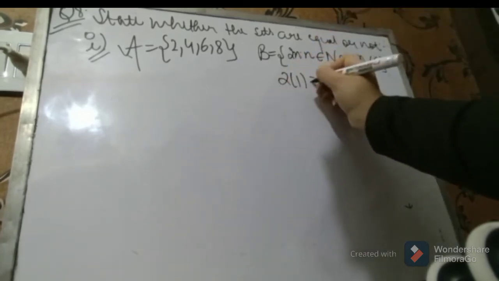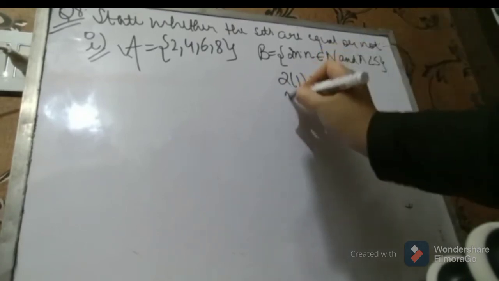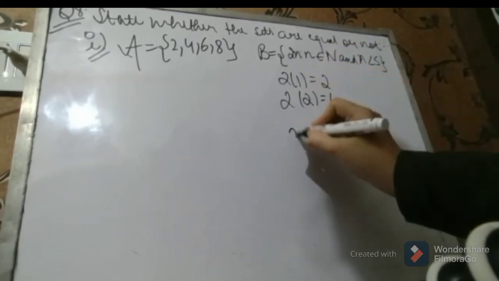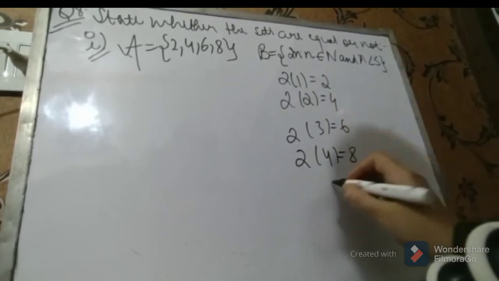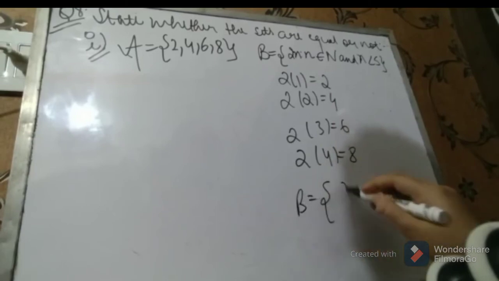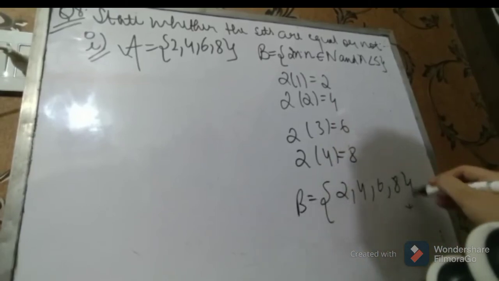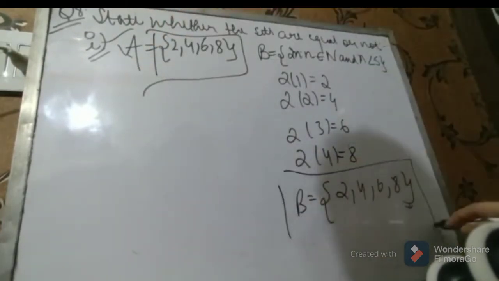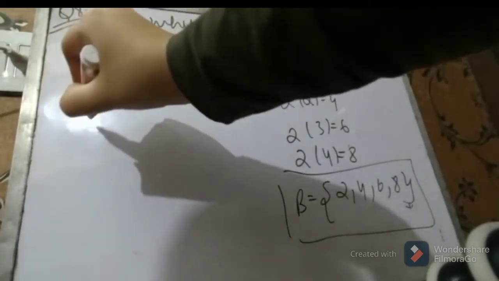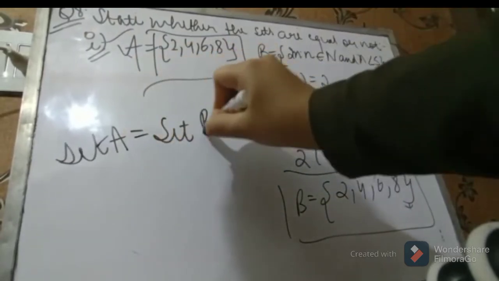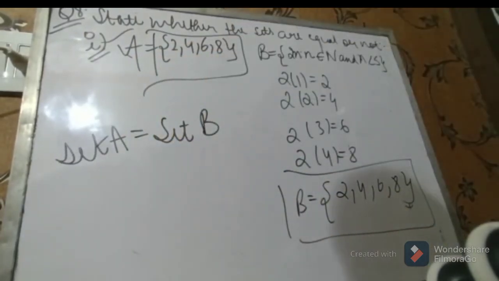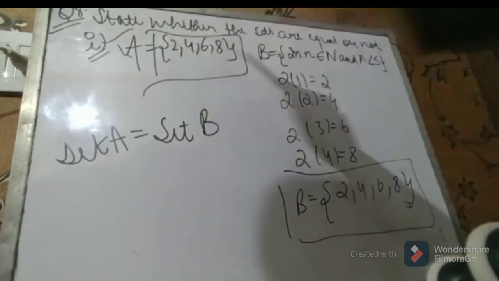So 2 into 1 gives you 2, 2 into 2 gives you 4, 2 into 3 gives you 6, and 2 into 4 gives you 8. Ultimately set B has 2, 4, 6 and 8 as its elements. Set A also has these elements. So set A is equal to set B, because they have the same elements 2, 4, 6, 8.